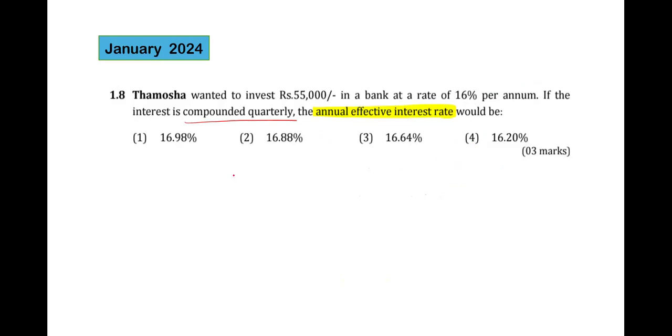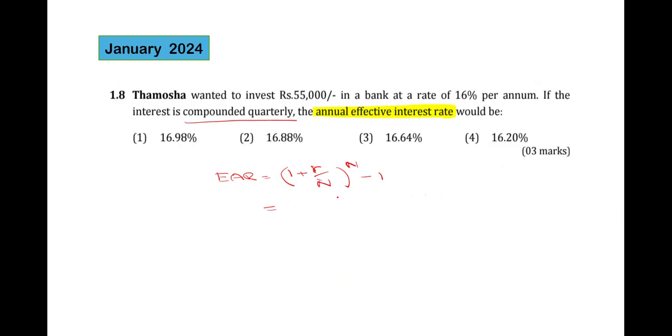Then how to find the annual effective rate? EAR equals (1 plus R divided by N) to the power N, minus 1, where R is divided by capital N. Right.